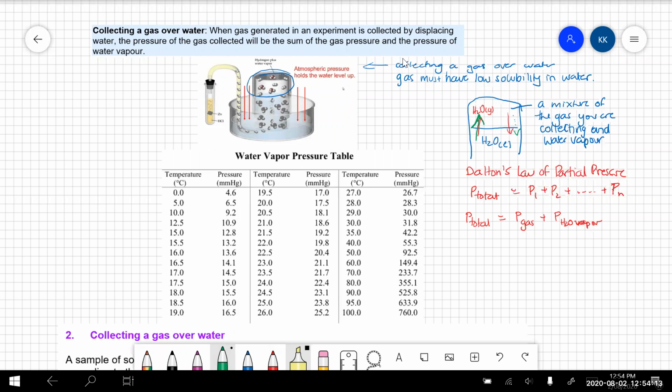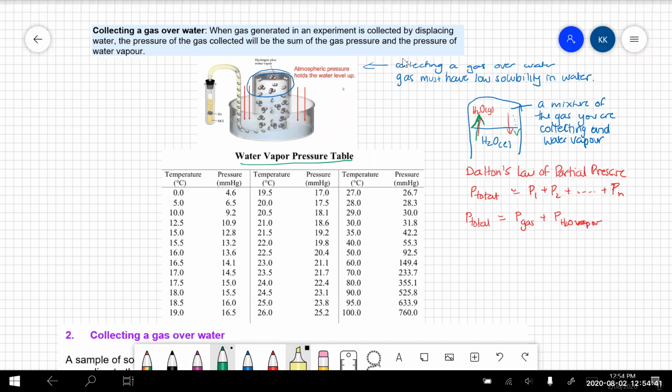So you're likely to have more water vapor if your water temperature is higher, because you're simply going to get more evaporation and less condensation at a higher temperature. But luckily, you can look up what the pressure of water vapor is at any temperature you like in data tables. So here's a water vapor pressure table.